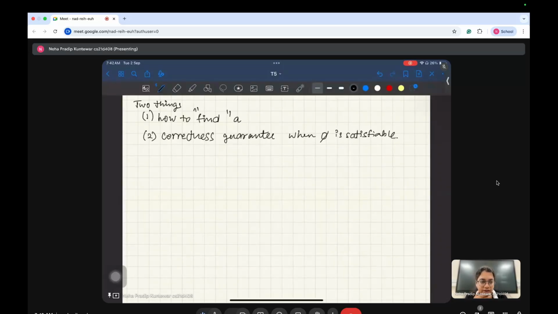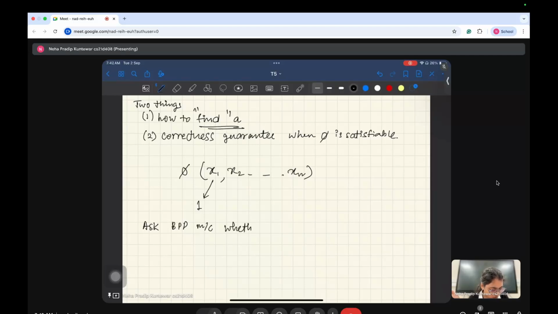The idea is that we're going to use self-reducibility, like we mentioned earlier. We have this formula phi on, say, n many variables. First we set x1 to 1, and then ask our BPP machine whether phi of 1, x2 and so on up to xn is satisfiable.